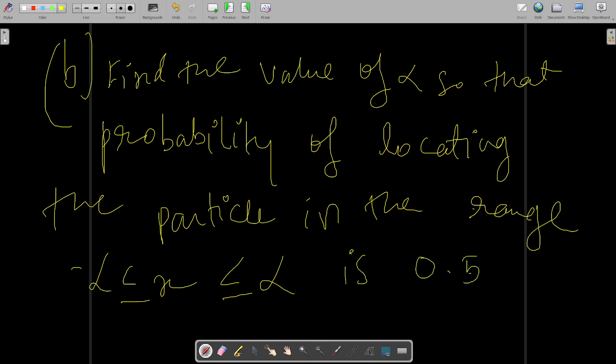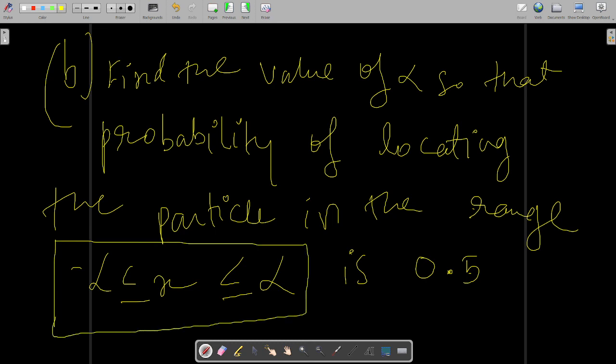So we have to find the value of alpha, so that the probability of locating the particle in this range is 0.5. Now we have clearly found out that your P of alpha has come out to be 1 minus e to the power minus 2 alpha by a.